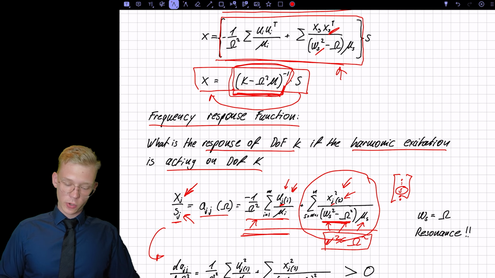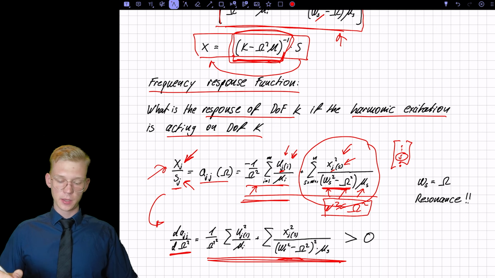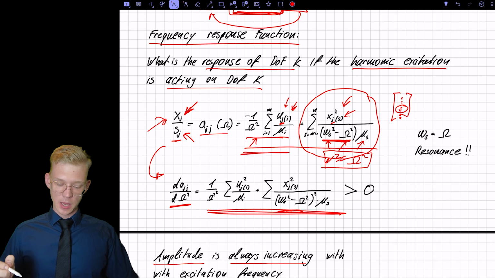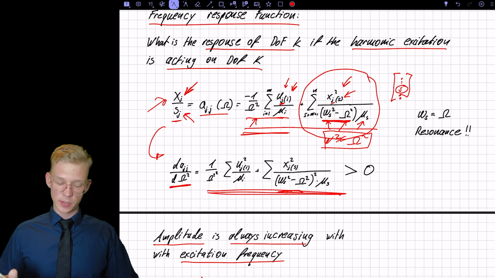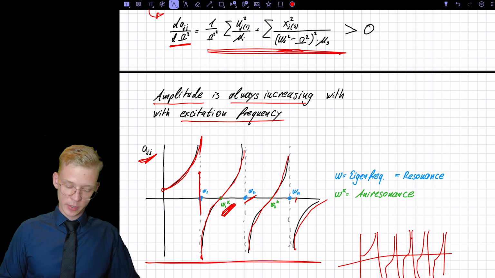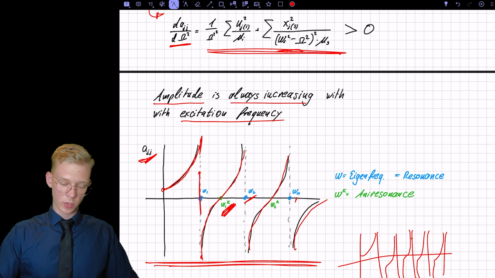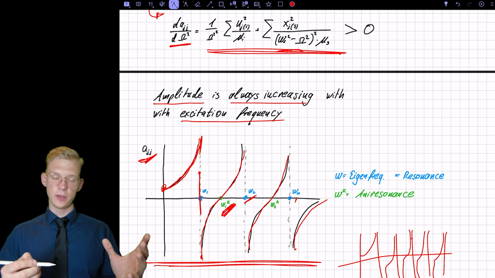Then if we look at the frequency response of 1 degree of freedom, if we excite that degree of freedom, we see that we get a frequency response where the amplitude is always increasing. And we will get a graph like this, where we start from a point because of our free rigid body modes, and we will come closer to the eigenfrequency where the amplitude is infinity.